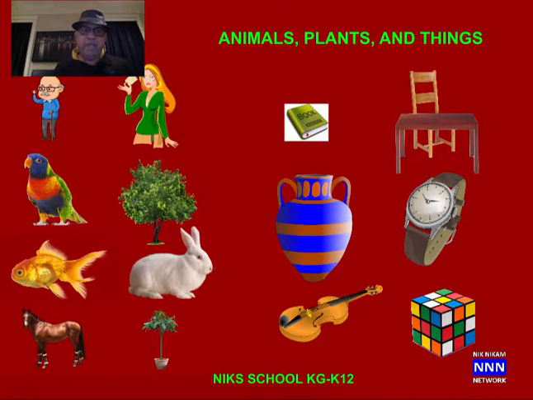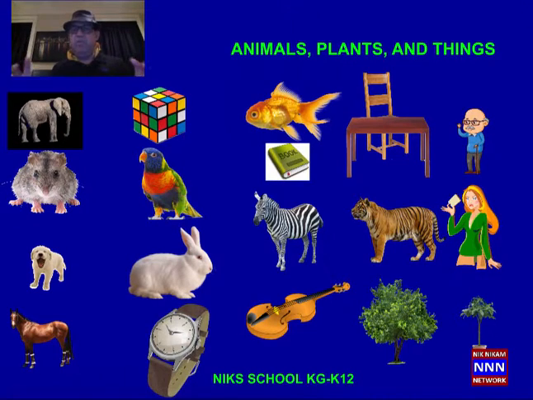What I would like you to do is go around the house and make a note of all the things that you see and label them as animals, plants or non-living things. If you look around, what are the living things in the house?